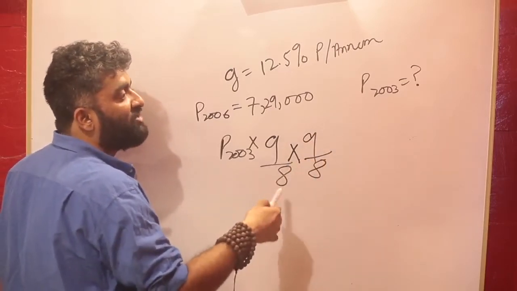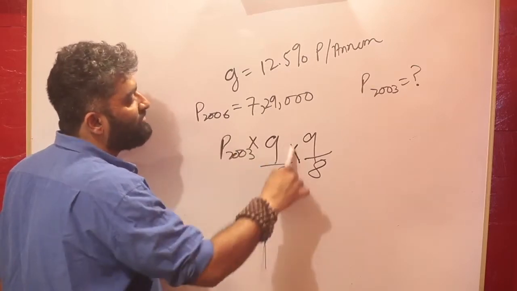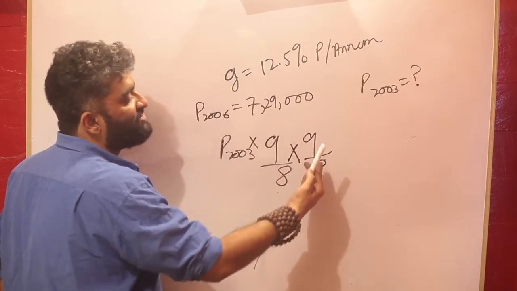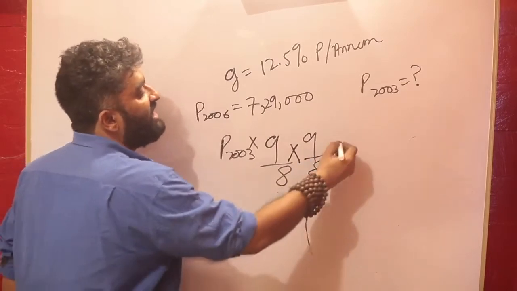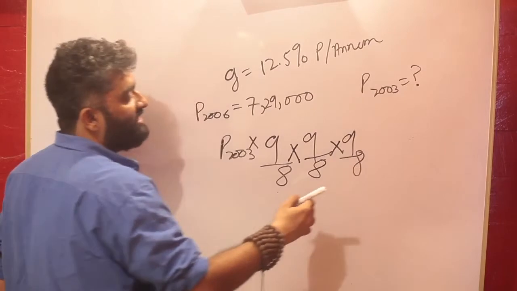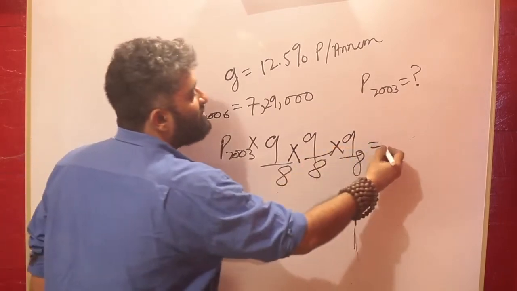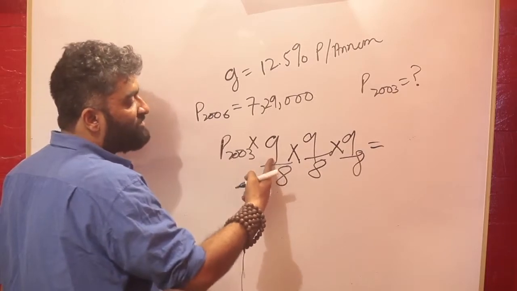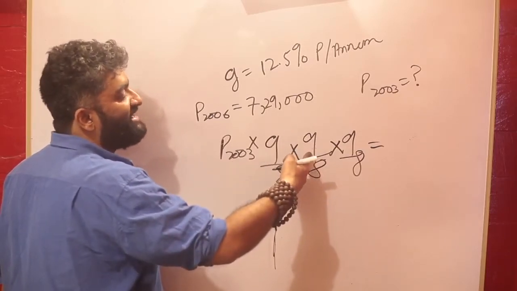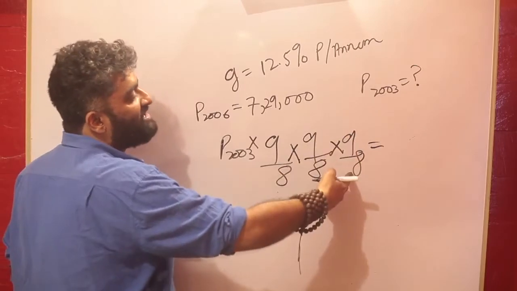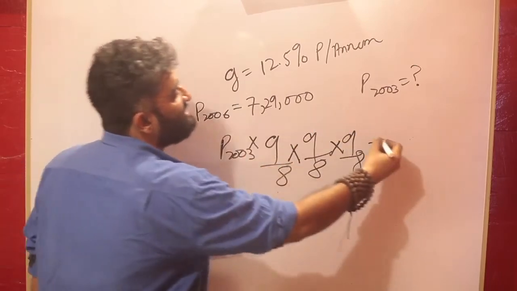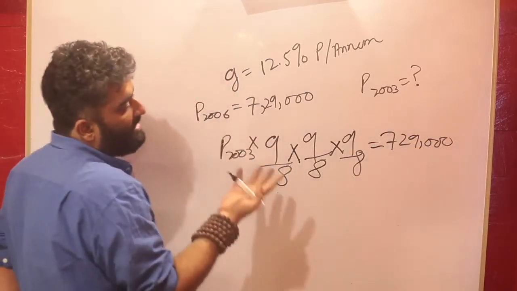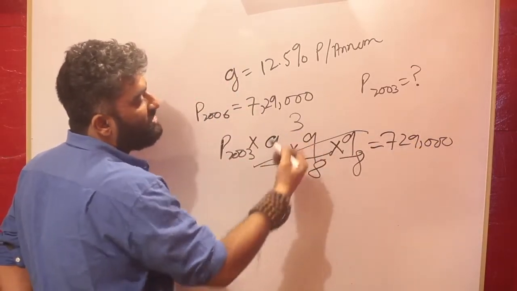I get the population of 2005, because this 2004 population has grown by 12.5%. This is 9 by 8. This expression represents 2005's population. Increase it by another 9 by 8. So you finally get to the population of 2006. 2003 multiplied by 9 by 8 gives me 2004, multiplied by another 9 by 8 gives me 2005, and multiplied by another 9 by 8 gives me 2006, and that is equal to 729,000, right? This should have been fairly easy. This is 9 cube, right?